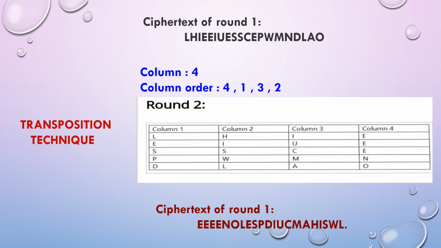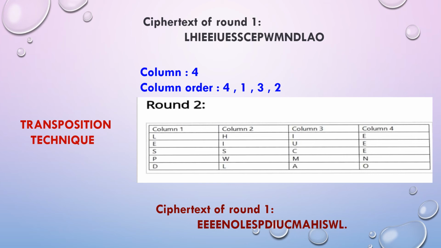Then we read the message in column manner. First we read the alphabet in the fourth column, that is EENO. Then the first column's alphabet, that is LESPD. Then the third column, IUCMA.